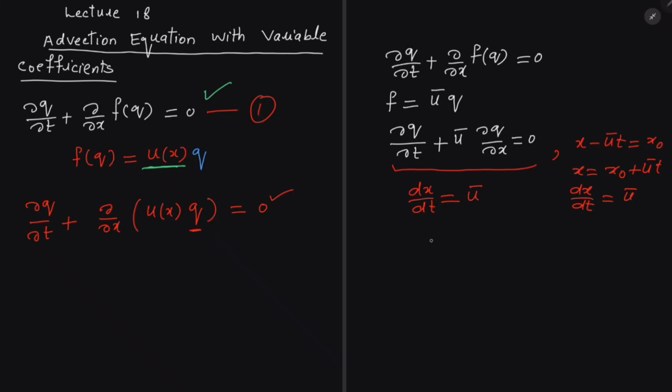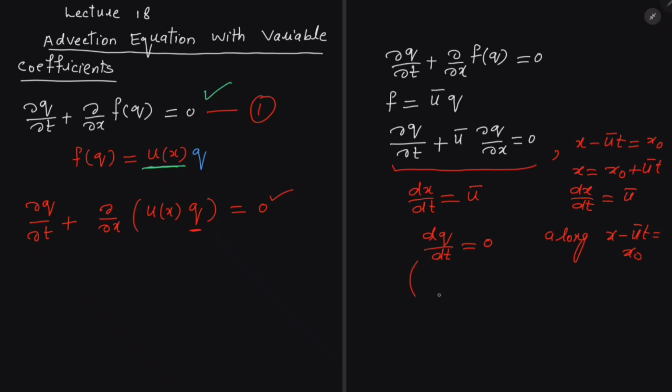Another thing that we saw in our previous video was that dq by dt was equal to 0 along x minus u bar t is equal to x naught.